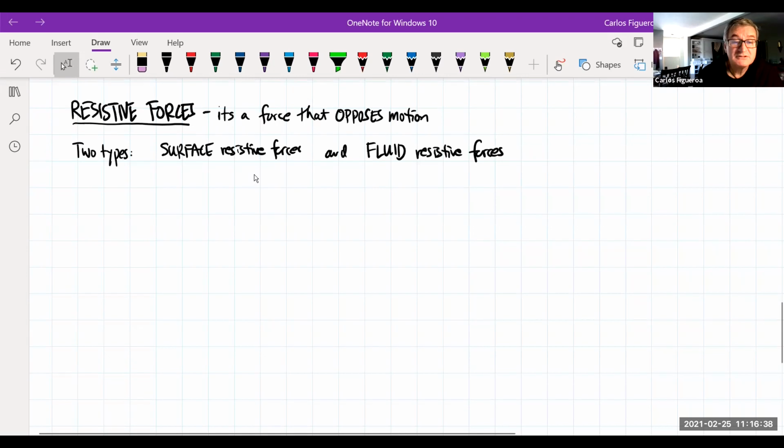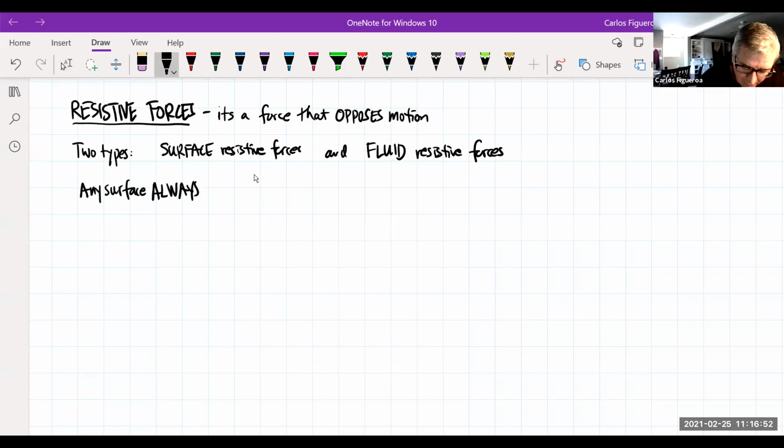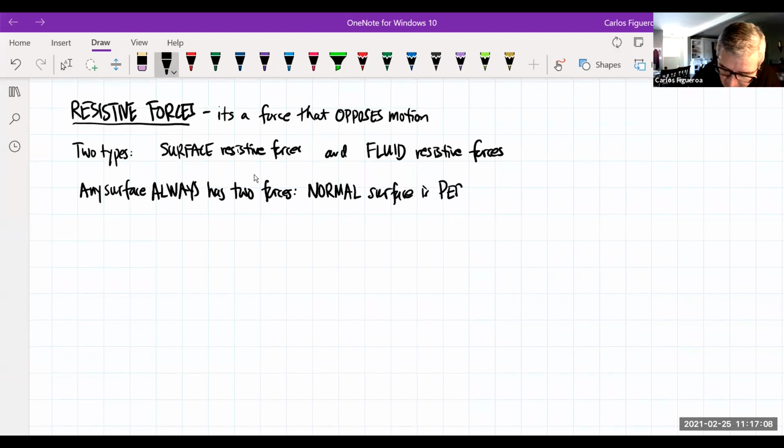Okay, so let's look at this. Any surface always has two forces. One of them we talked about: the normal surface force is perpendicular, and that's what we just talked about a moment ago.